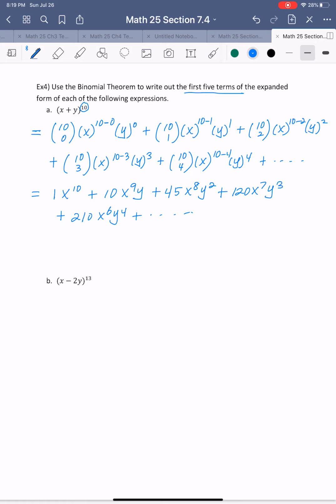Now we have a 13th power. So starting with 13 choose 0, x is to the 13 minus 0 power, and then negative 2y to the 0 power.